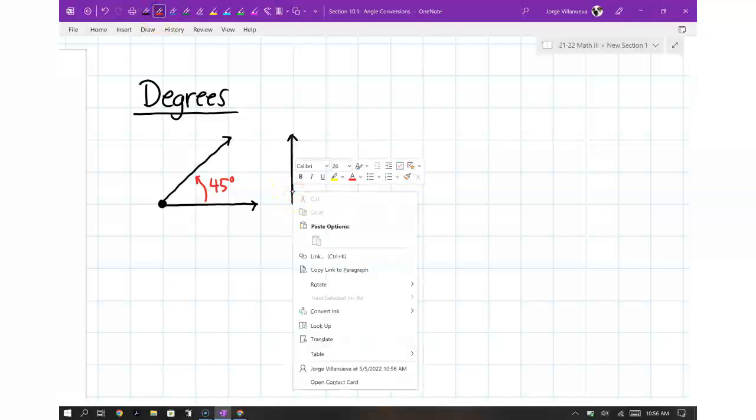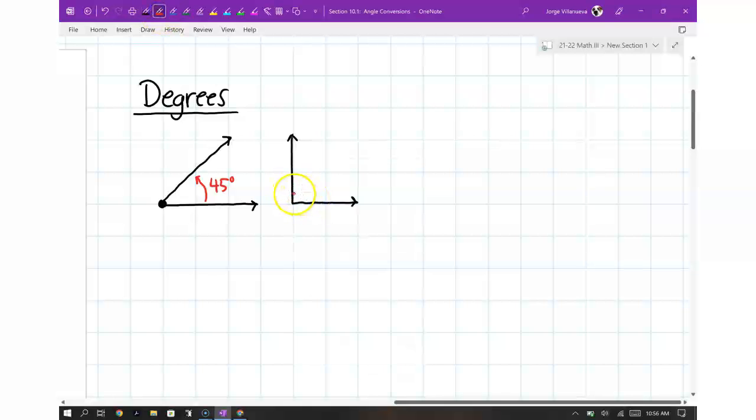Most of you say, oh yeah, that's a 90-degree angle. If I draw a line that looks like this, and I draw my angle measure like that, how many degrees is that? That's 180 degrees.